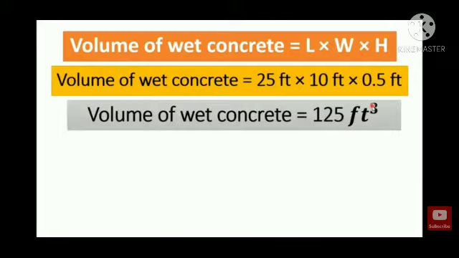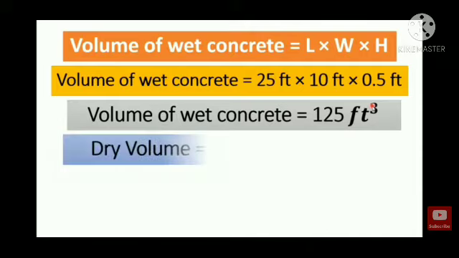Volume of wet concrete equals 125 cubic feet. This is the wet volume of concrete, 125 cubic feet.